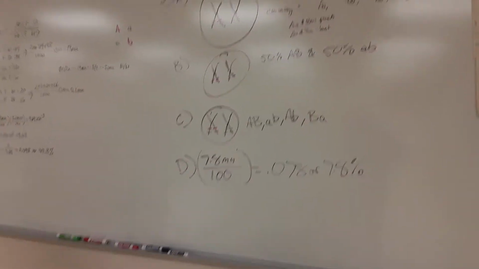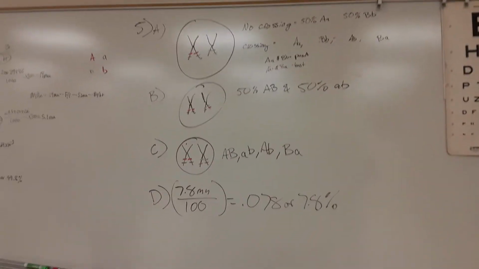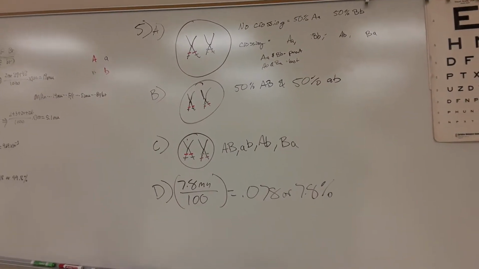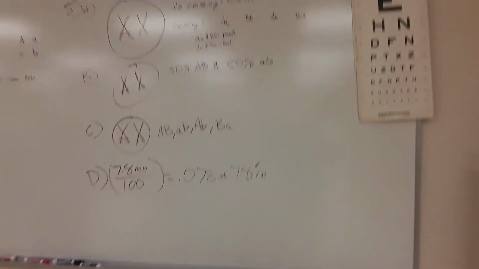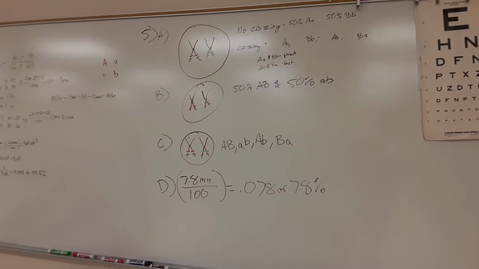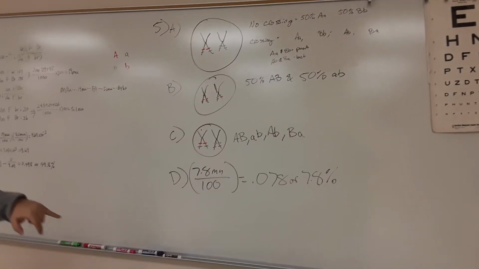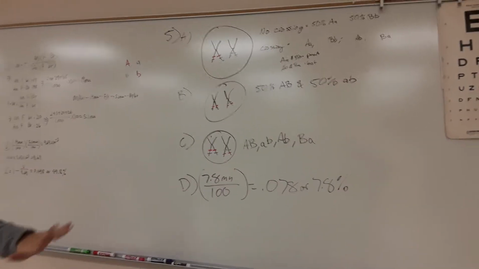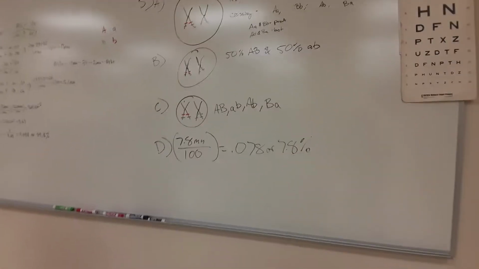Yeah, if it's not crossing over, then 50-50 for the dominant A, recessive A, and then dominant B, recessive B. And if the crossing over occurred, then same as the dominant A, recessive B, dominant B, and recessive A.